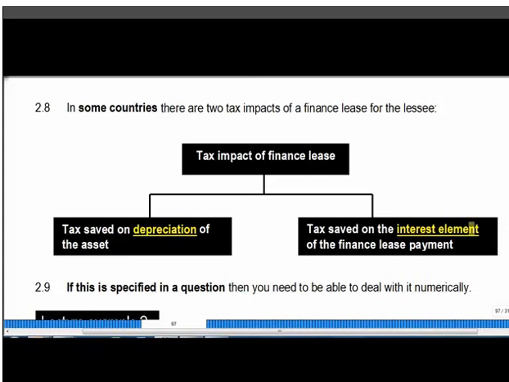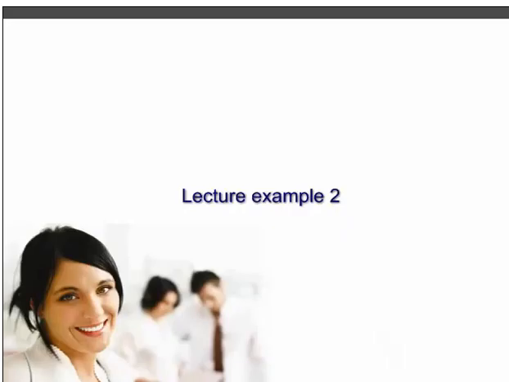And you need to identify those elements of the lease payment because you get tax relief on those elements. So where this sort of tax treatment is specified in a question, and it has been specified in recent exam questions, then you need to be able to do this split and to identify the correct tax impact of the finance lease. And this is what we're going to do in the final example.